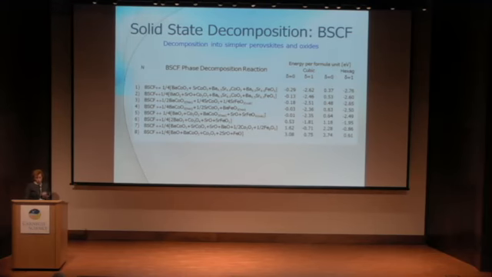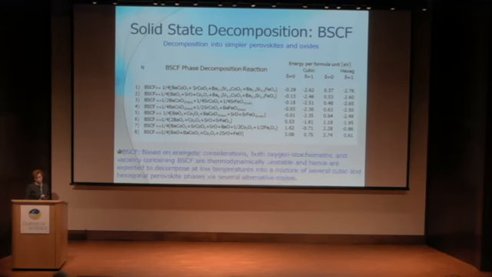And then we sat down a little bit and wrote another 30 reactions, and then another 30 reactions, and we looked at probably all possible reactions for decomposition. We selected several of them, which are much more illustrative than others, and this table represents decomposition into simpler perovskites and oxides. And based on energetic considerations, both oxygen stoichiometric and vacancy-containing BSCF are thermodynamically unstable, which was a big disappointment.